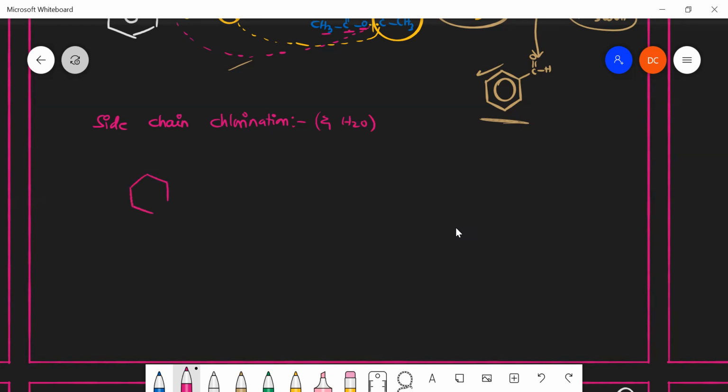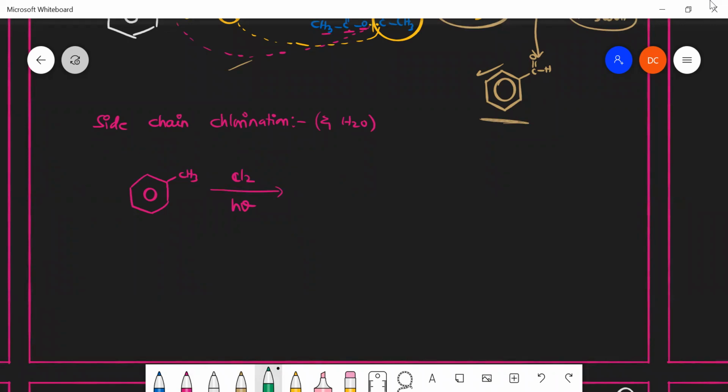As we know, when a methyl group, CH3, is attached and it reacts with Cl2 in the presence of light, what will happen? Generally, in the presence of light, when chlorine reacts with a hydrocarbon, what will be our product? Normally, only the monohalogenated product is formed. Am I right? Monochlorination only.